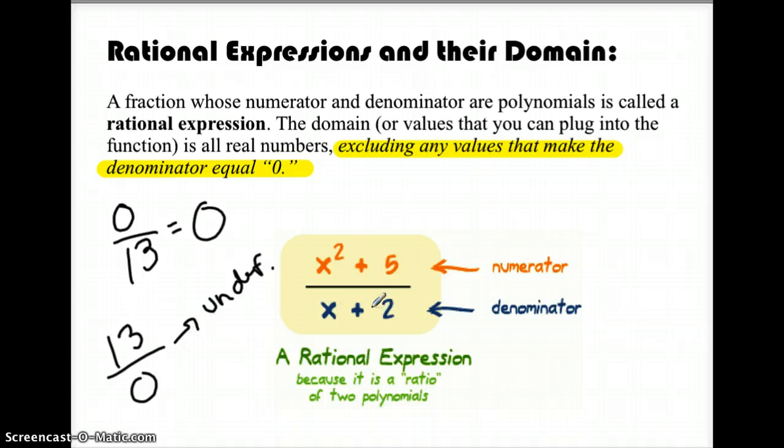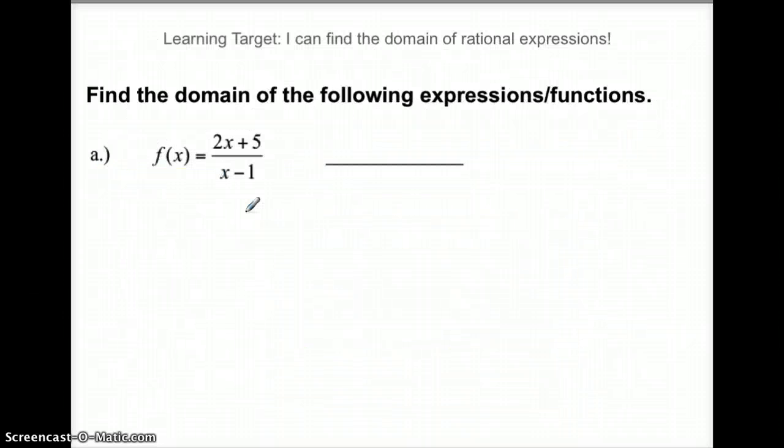You can't do it. So the domain is a way to figure out which values would cause zeros in the denominator, and we have to exclude them since that's not allowed. That's kind of the purpose of the domain. So for example, if I look at this fraction, I'm only worried about the denominator, okay? Here's how I would write my domain. I would say that the domain is all real numbers work for x.